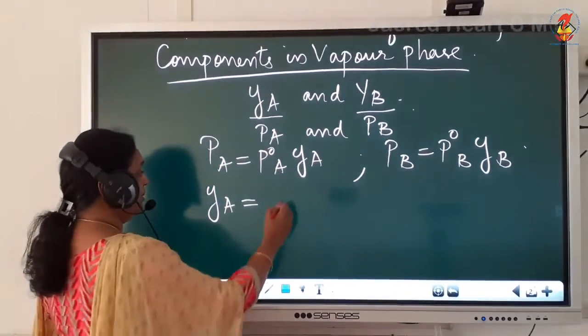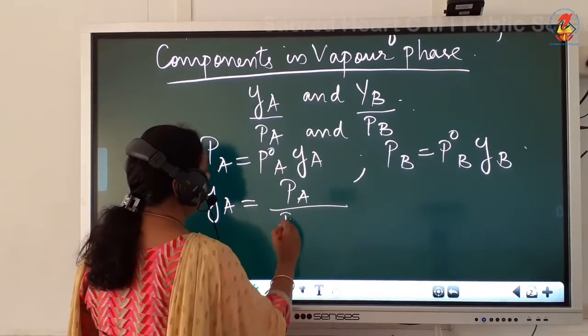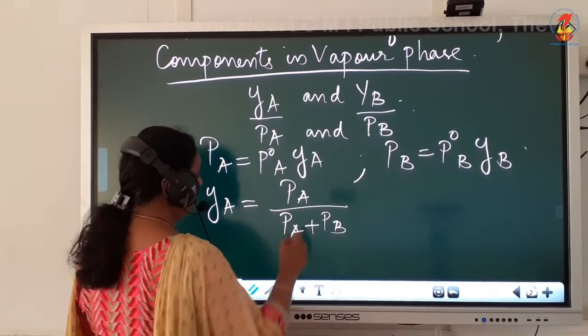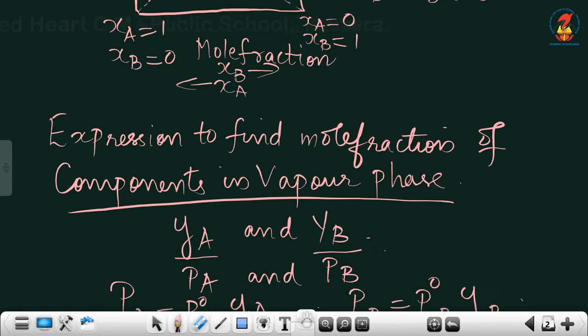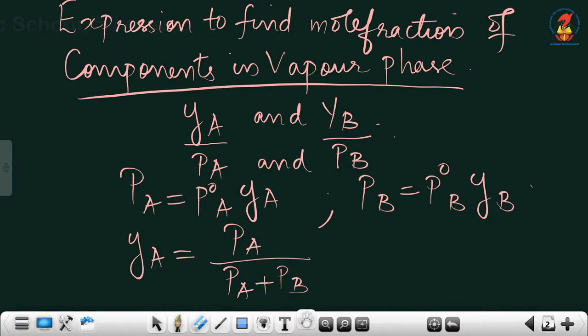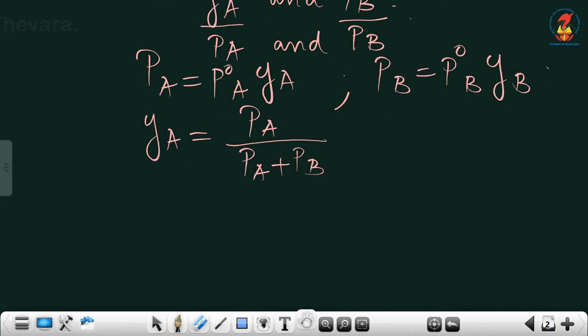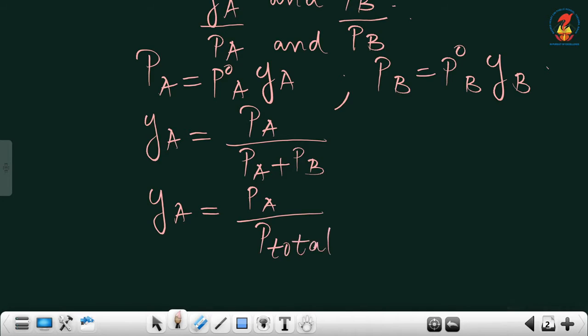So YA will be equal to PA divided by PA plus PB, or YA is equal to PA divided by P total, since PA plus PB is P total. Or we can say PA is equal to YA into P total.